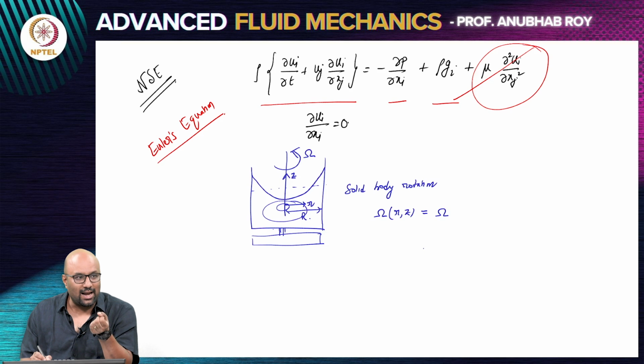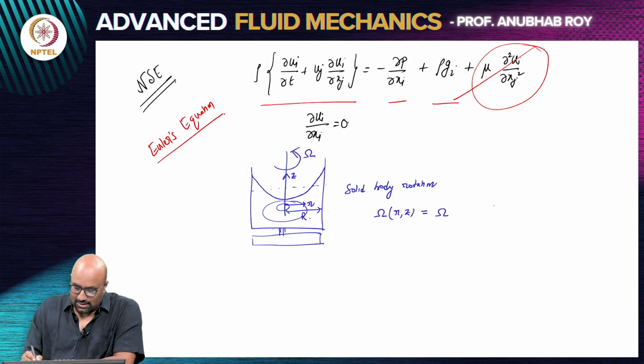We will have to do a calculation explaining why viscous effects are important, and where unsteady or transient effects are important. That is not something that we are going to be doing now. We will just take this as a fact right now, that the entire fluid is moving with a constant angular velocity. It has achieved a solid body rotation. Once it does that, what should be the shape of the free surface? That is what we are trying to find out.